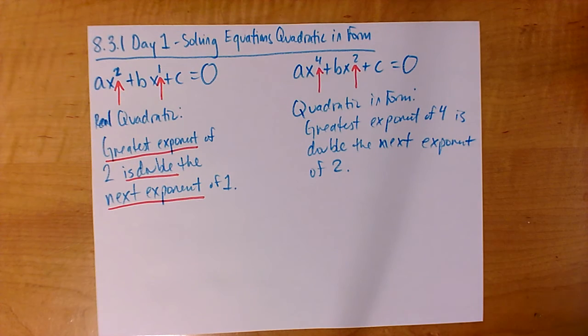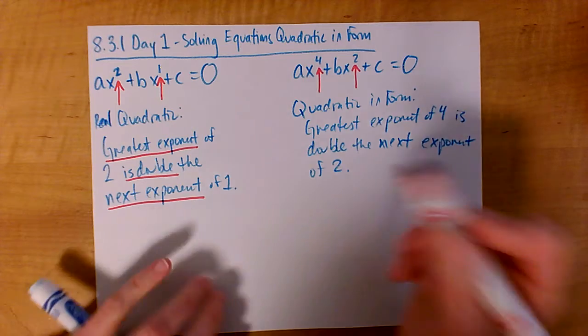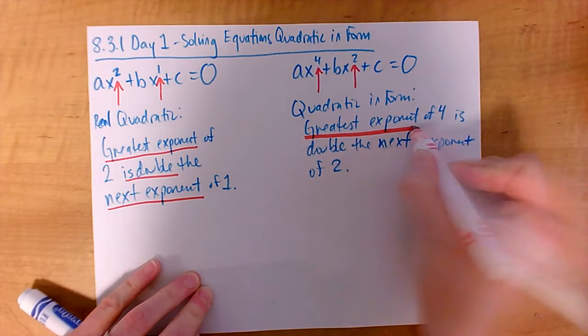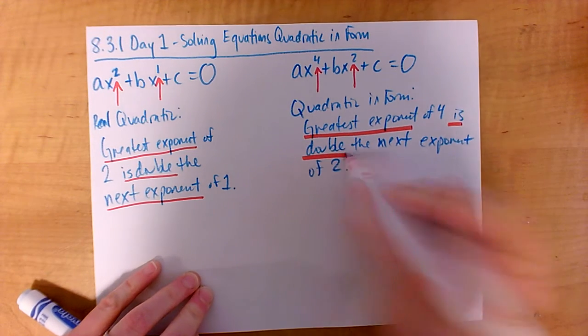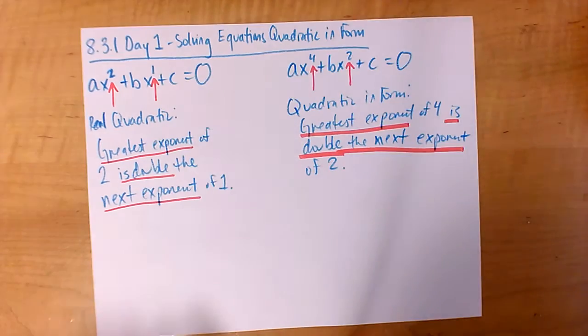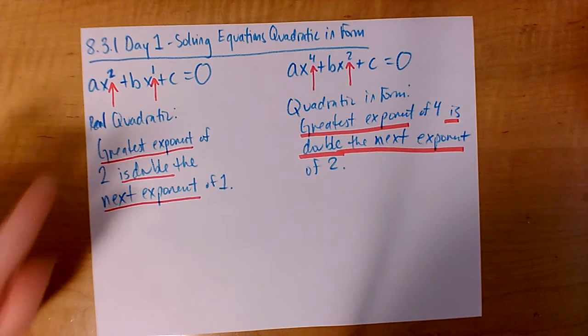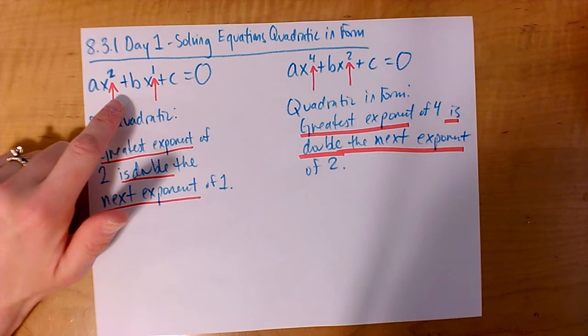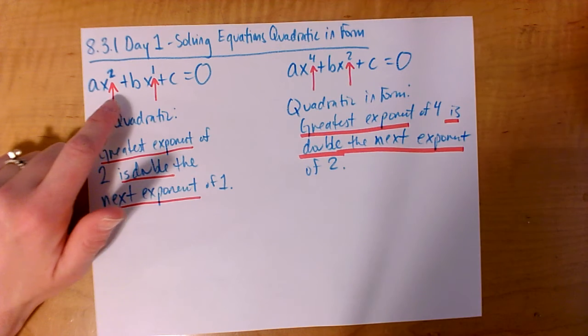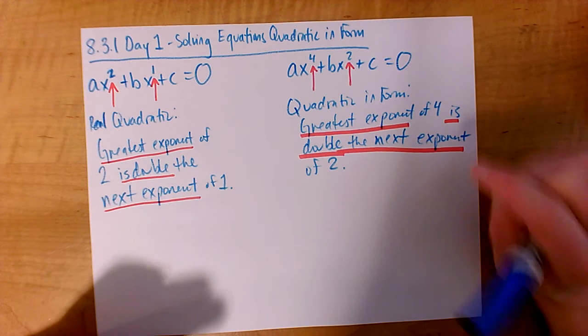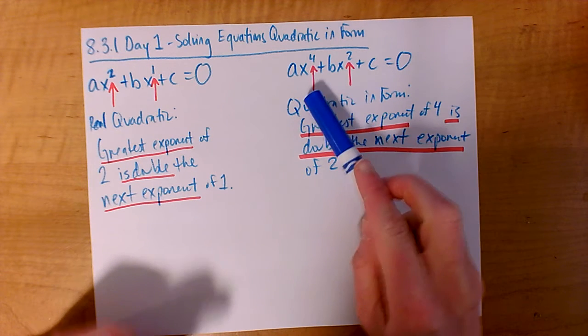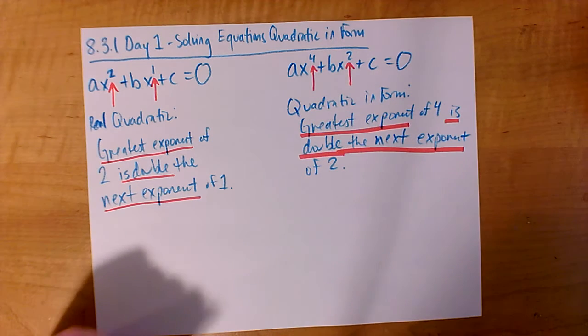What makes it a quadratic in form is that the greatest exponent is double the next exponent, and that's what you're looking for. In a real quadratic, your greatest exponent is 2, and in a quadratic in form, your greatest exponent can be anything as long as it's double the next exponent.